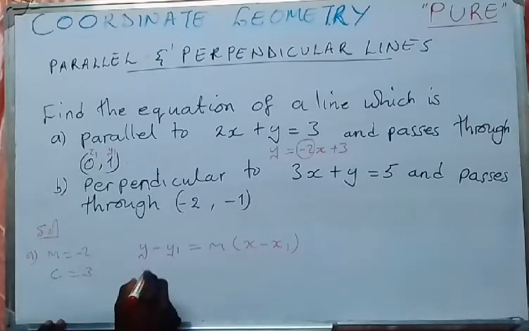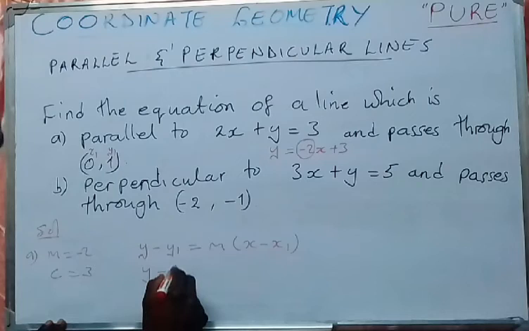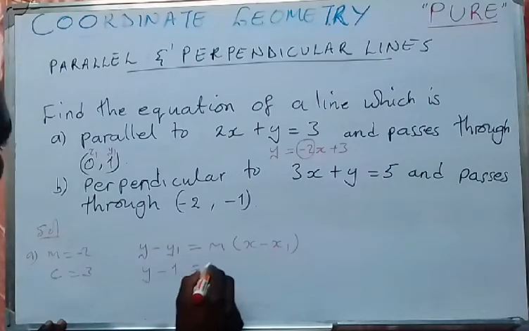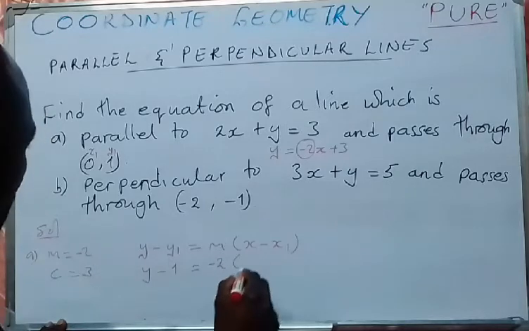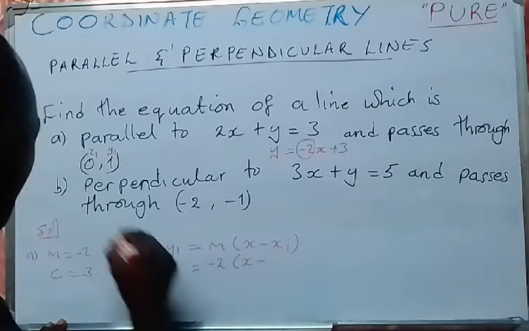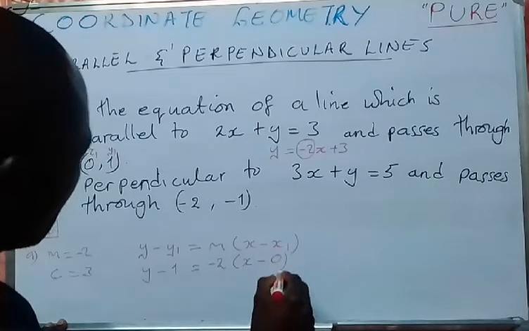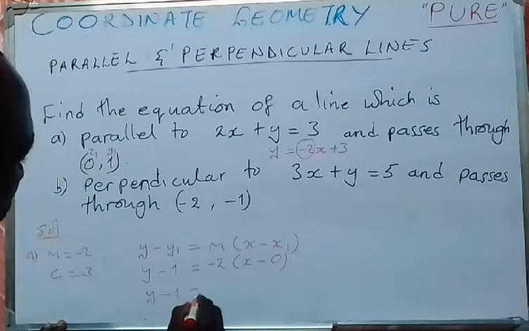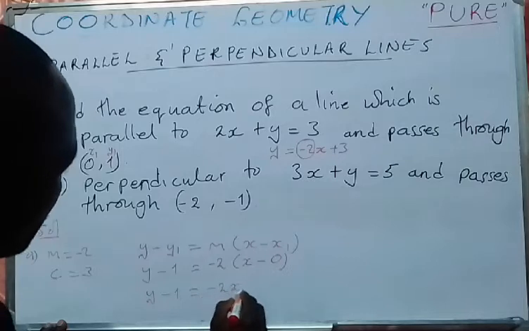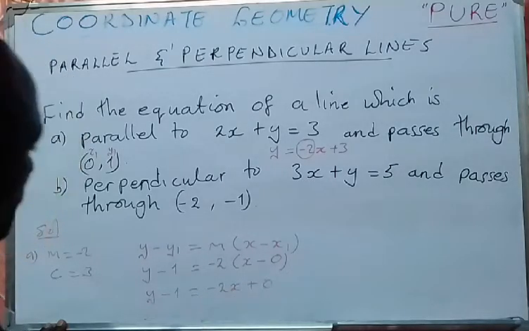So what we are going to do is y minus 1 is equal to the gradient -2, open bracket, x minus 0. Well, y minus 1 is equal to -2x plus 0.